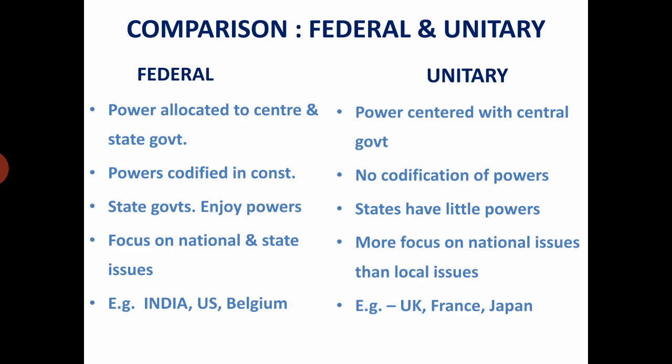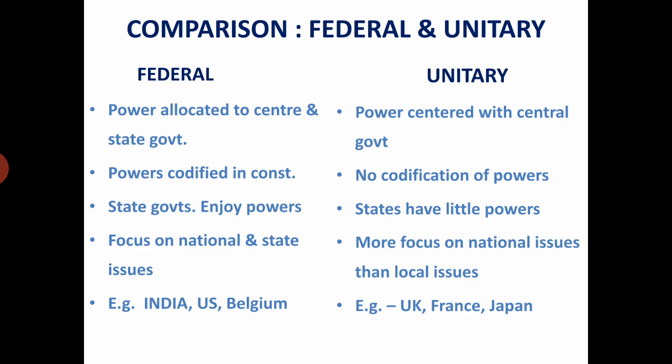In a federal system, local governments enjoy power and independence in running day-to-day administration of their state. They are not subordinate to center and are directly answerable to the people. However, in a unitary system, local governments are subordinate to the central government and do not enjoy much power.